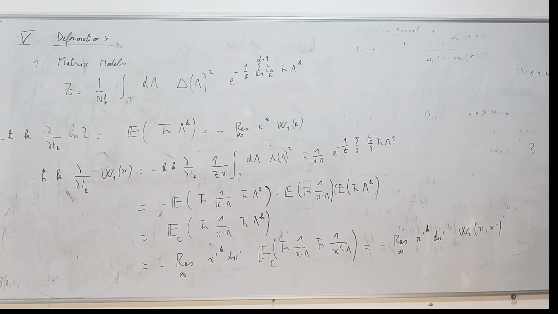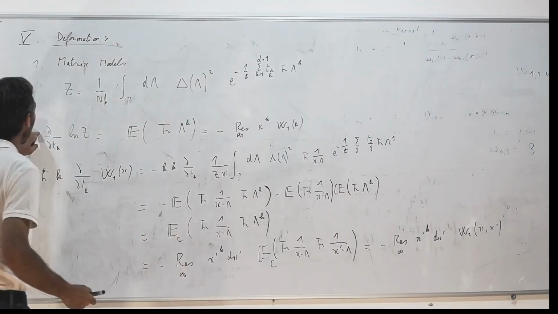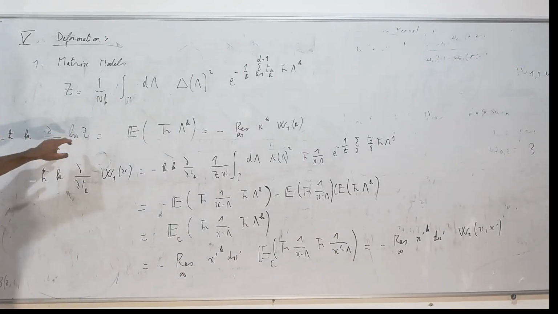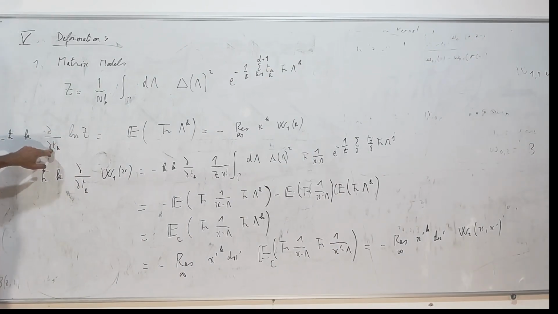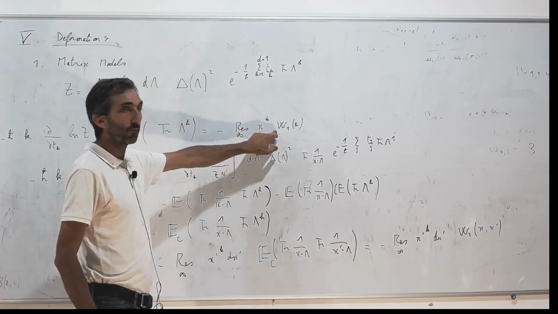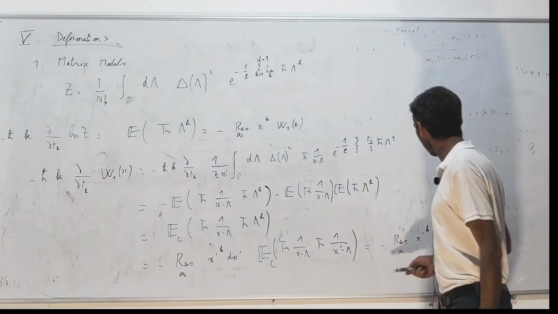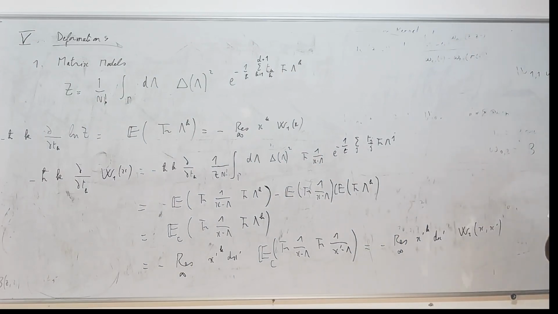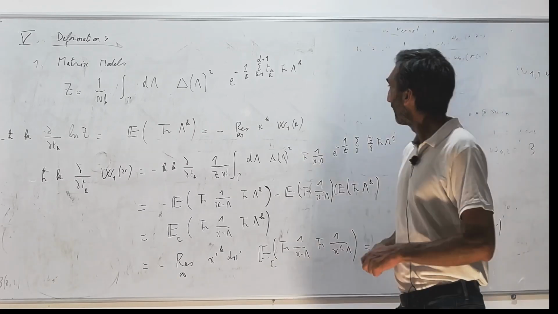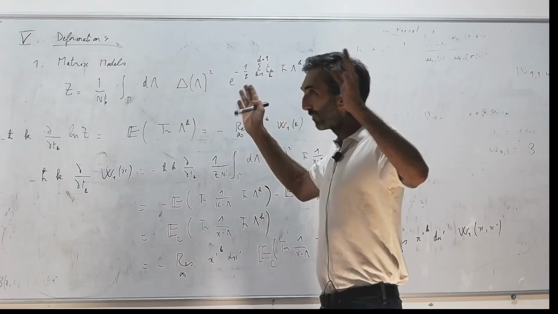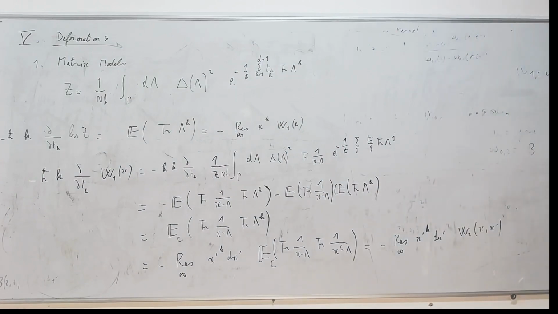So let me show you what is important in these two formulas. Here we take a derivative of log z with respect to one of the times, one of the parameters, and computing a derivative is the same thing as computing an integral of W1. Computing a derivative of W1 is the same thing as computing an integral of W2. This is related to the general philosophy of what people call special geometry.